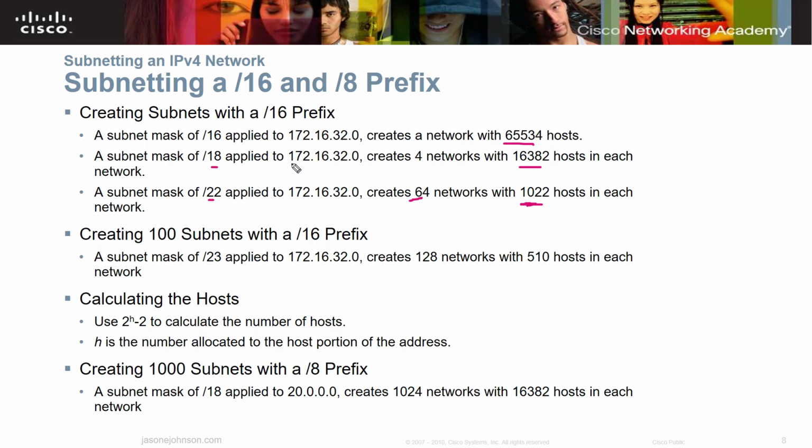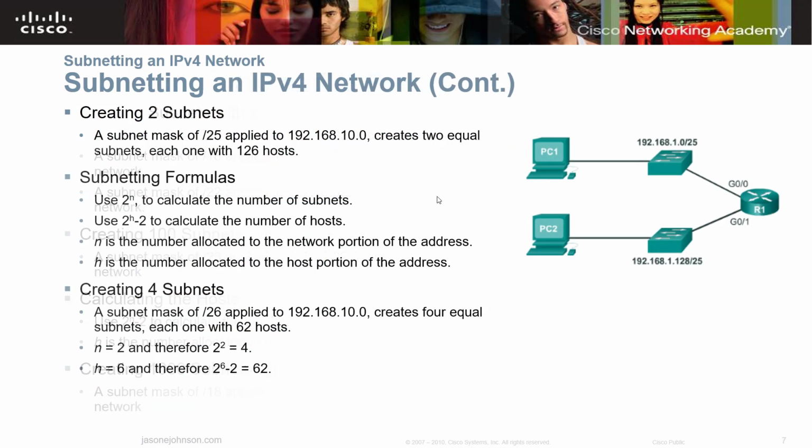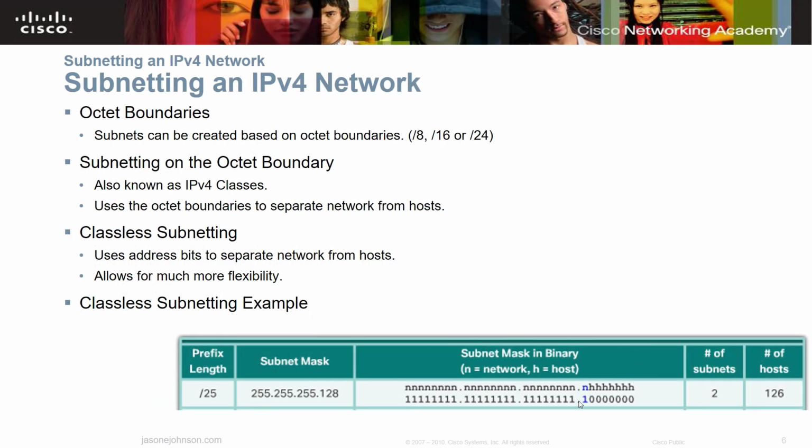We get more or fewer hosts depending on whether we go to the left or to the right, depending upon the network ID. Depending on how we move our bit place, if we move it this way, we get more hosts, and if we move it that way, we get fewer hosts, and it's just back and forth. Then depending on where the bit place is, that determines how many hosts and how many networks we have.